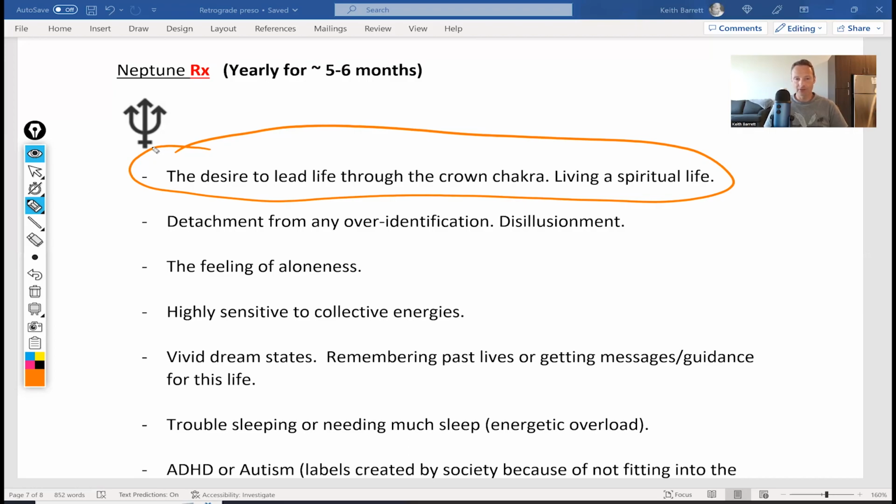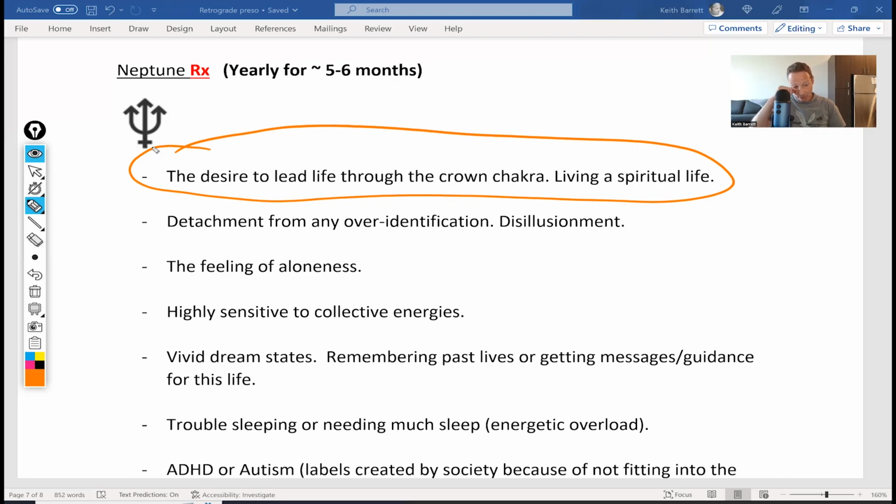And so think of Neptune, just the archetype of Neptune, as universal consciousness, right? Think of it as source energy or God or however you want to label that and what feels good for you, but it's beyond this reality, right? It's beyond this reality, but it is this reality, right? It's an expression of this reality, everything that we see, right?